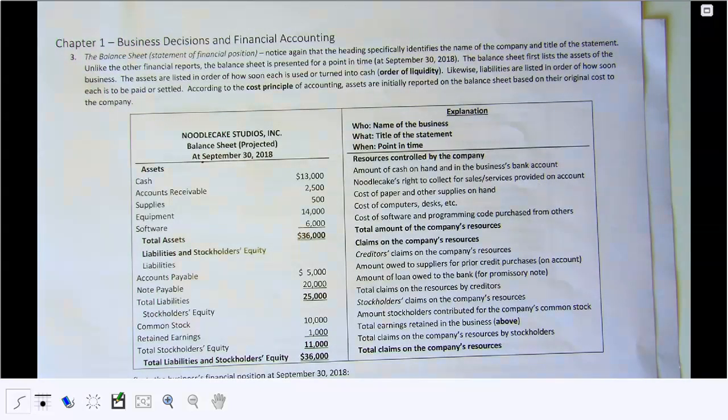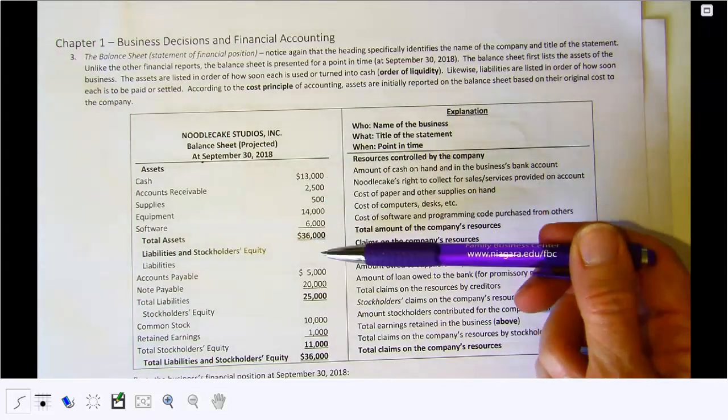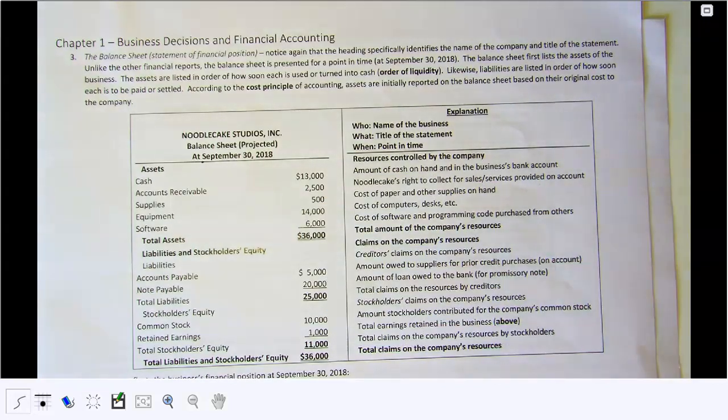So this statement, the balance sheet, which is sometimes called the statement of financial position, tells you the account balances of assets, liabilities, and stockholders' equity on that particular date. Now, if this sounds familiar, assets, liabilities, and stockholders' equity, it's because that's the accounting equation. The formula for the balance sheet is called the accounting equation.